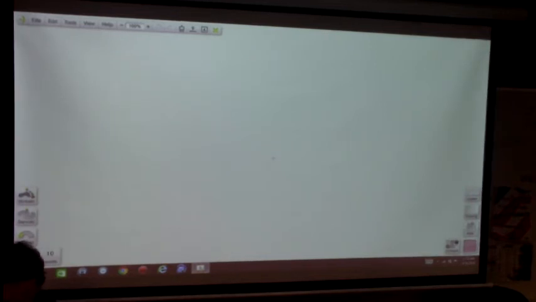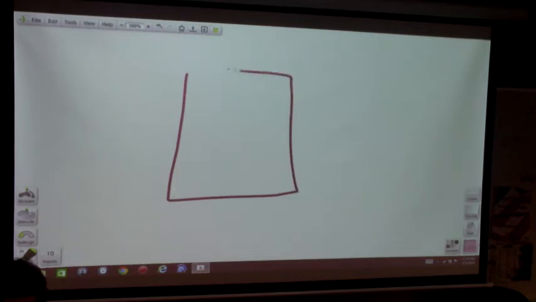What is the approximate depth of the lot? See if you can figure it out. Three times 43,560, what's that come to? 130,680.